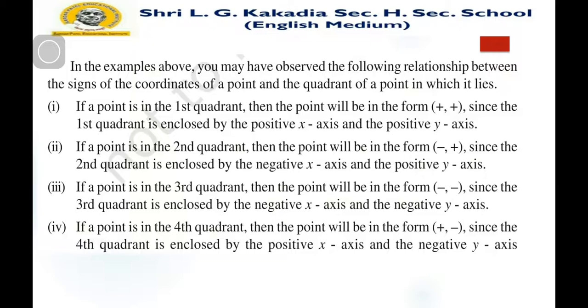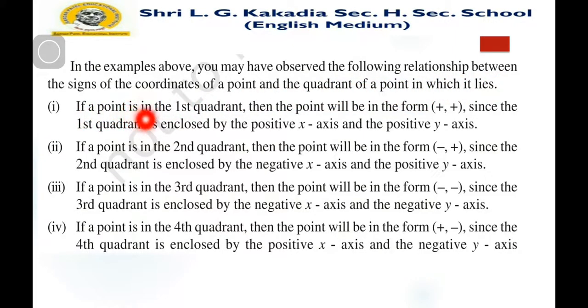But now about the quadrant, if the given point is in a quadrant, what is the property and how does it behave? If we take the four points given in the example above, you may have observed the following relationship between the sign of the coordinates of the point and the quadrant in which it lies.